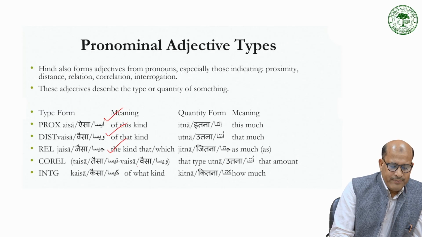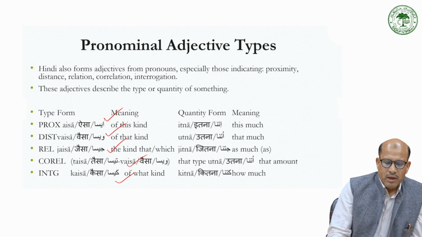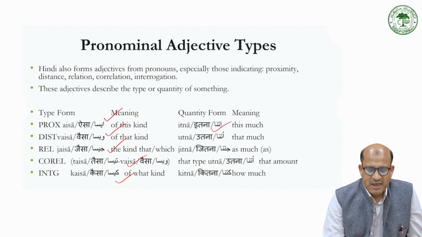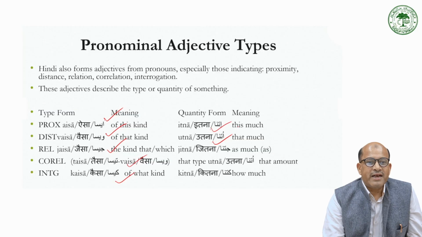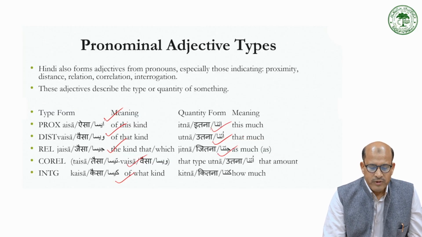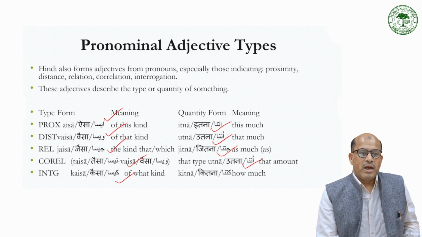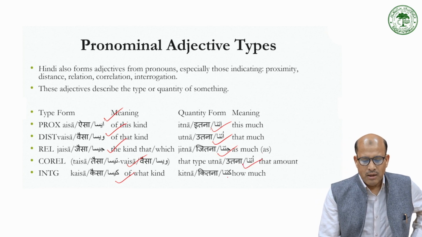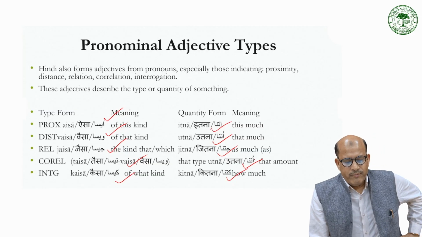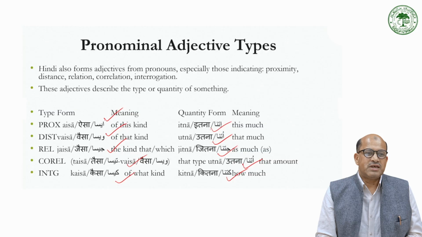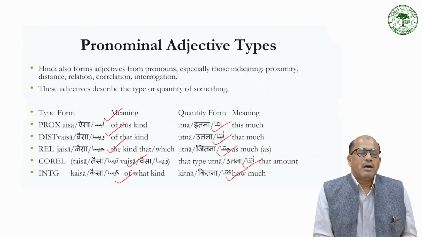Taisa or Vaisa, and interrogative kaisa. In a similar quantity form: itna, this much; utna, that much; jitna, as much; utna, that amount referring to; and then kitna, interrogative, like how much. So these are some of the commonly used pronominal adjectives, we can say.